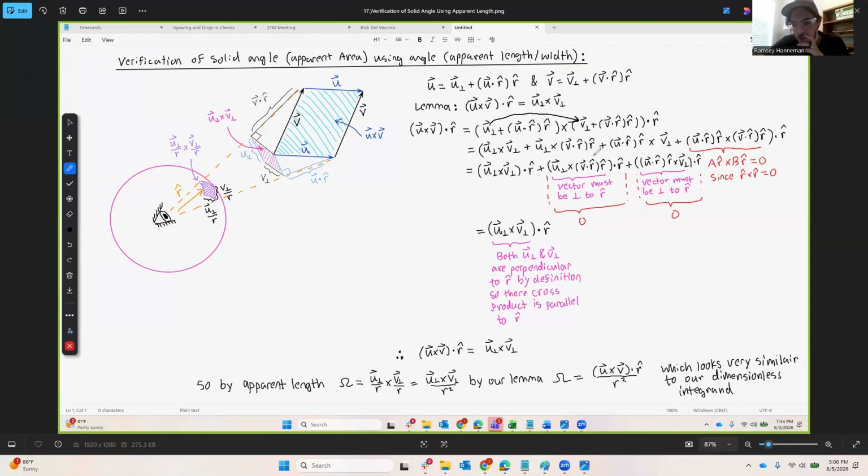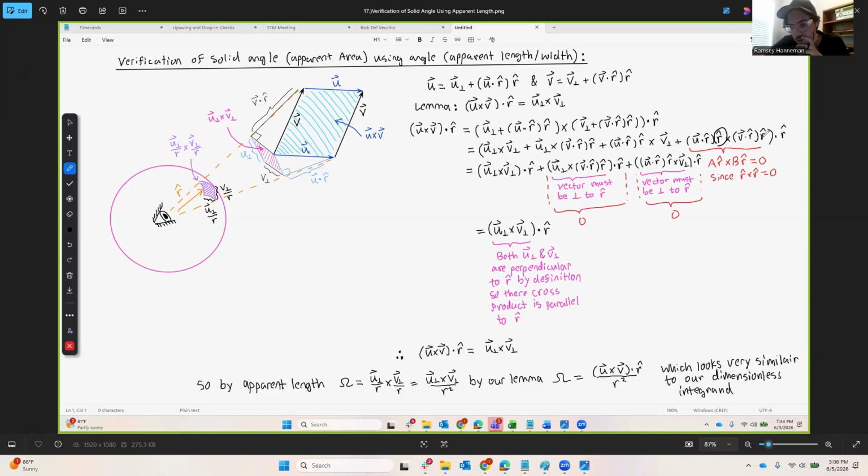Sure. So I've got u perp cross v perp. I've got u perp cross v dot r hat plus u dot r hat cross v perp plus this last one is u dot r hat cross v dot r hat.